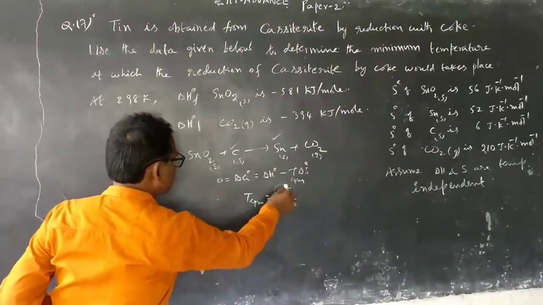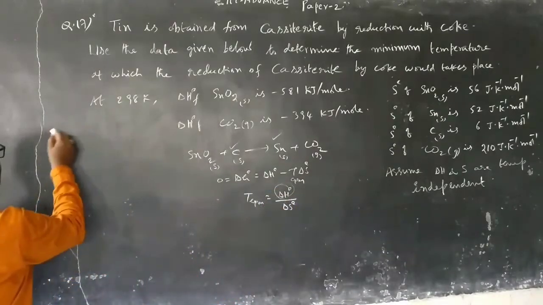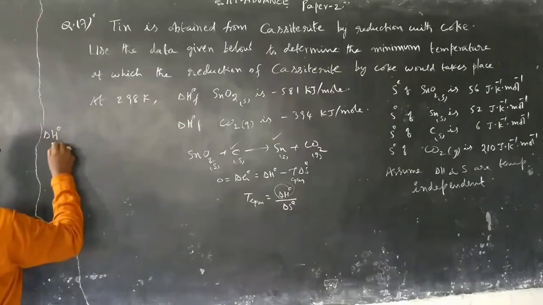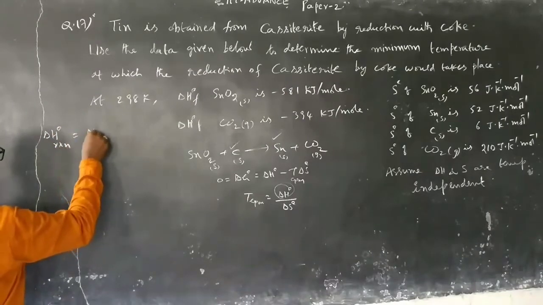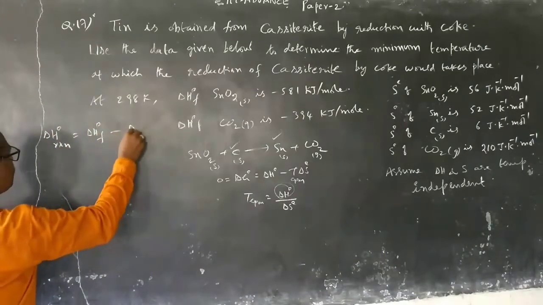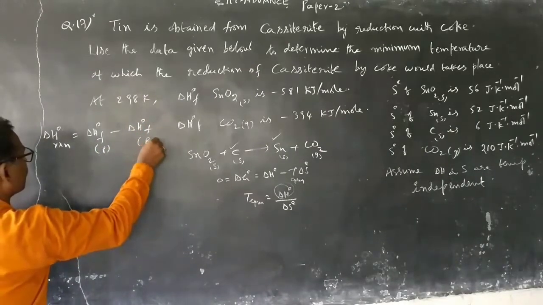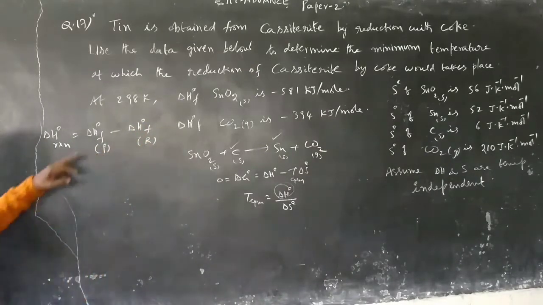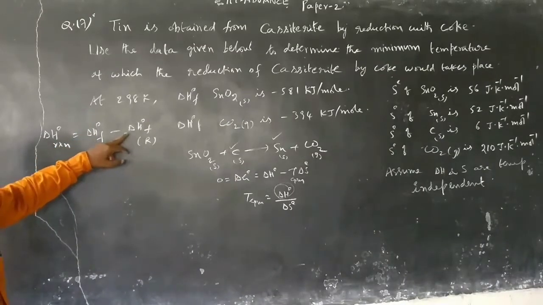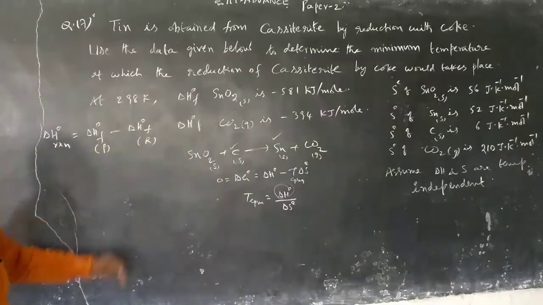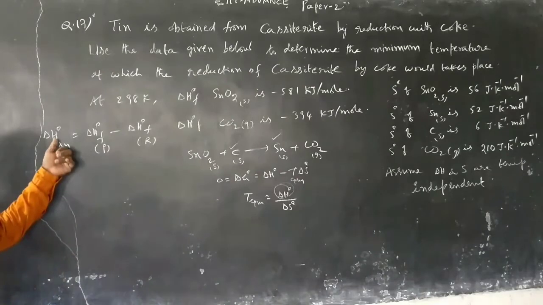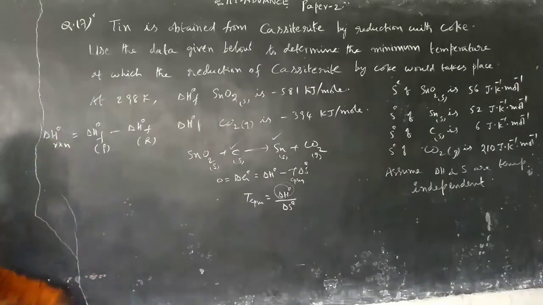How do we find this? We normally find it for a reaction by using this expression: standard enthalpy of formation of products minus standard enthalpy of formation of reactants. That formula is helpful to find the standard enthalpy change of the reaction.